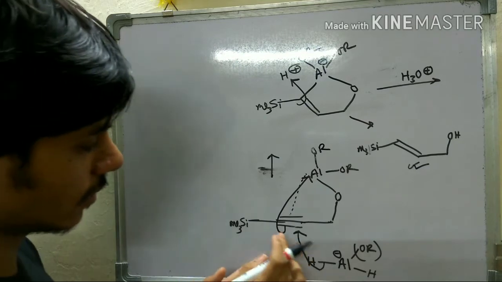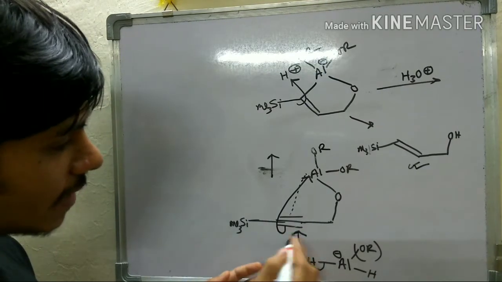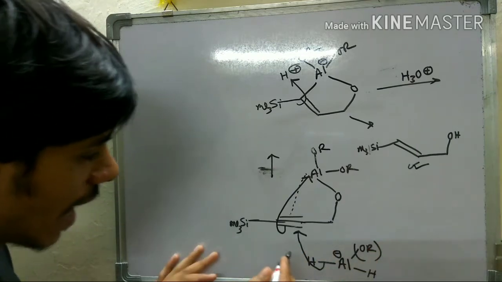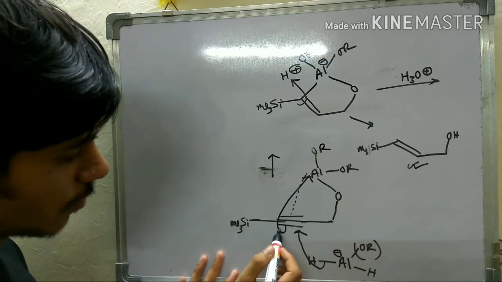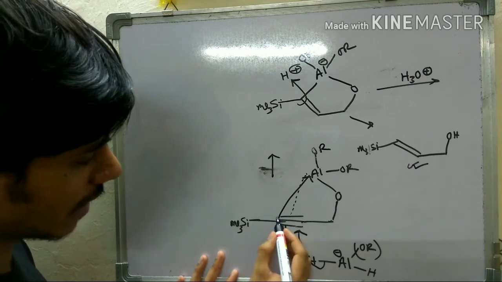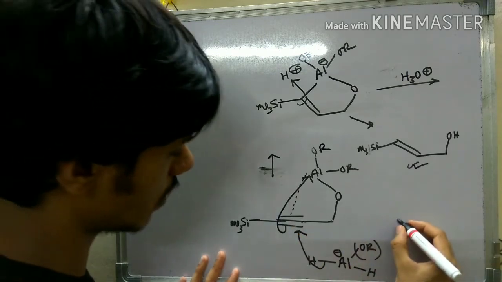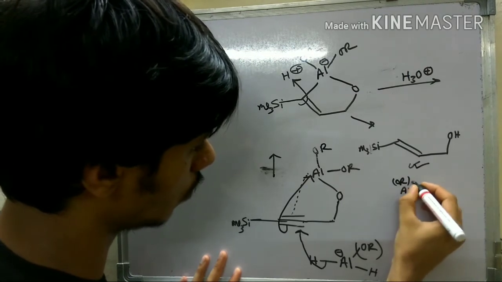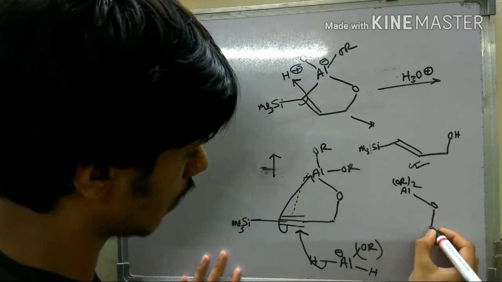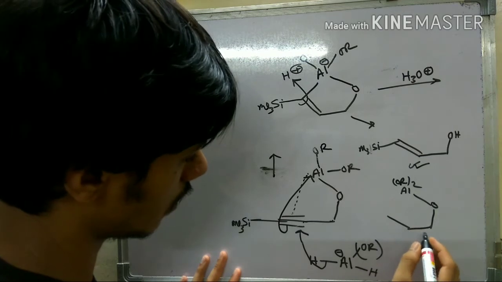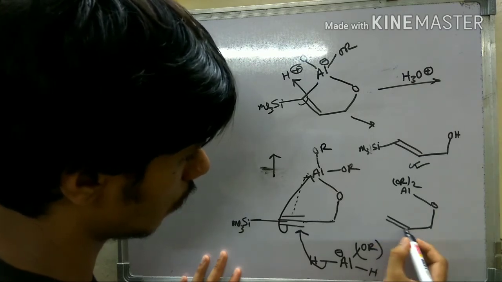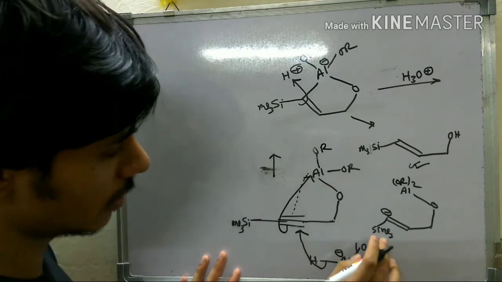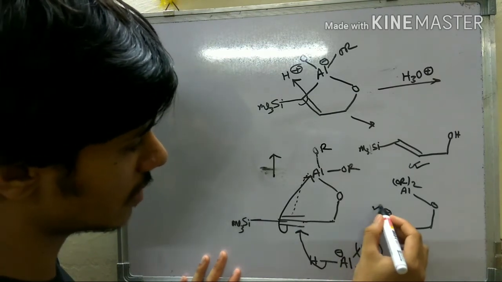So why is this attack occurring here? One reason is that it will form this five-membered intermediate, which is more stable than a four-membered one. If you consider this in a stepwise manner, in this step a negative charge will be generated here. I can represent it this way also, Al(OR)2 with O, and here if you consider a negative charge, you know this silicon can stabilize this negative charge.